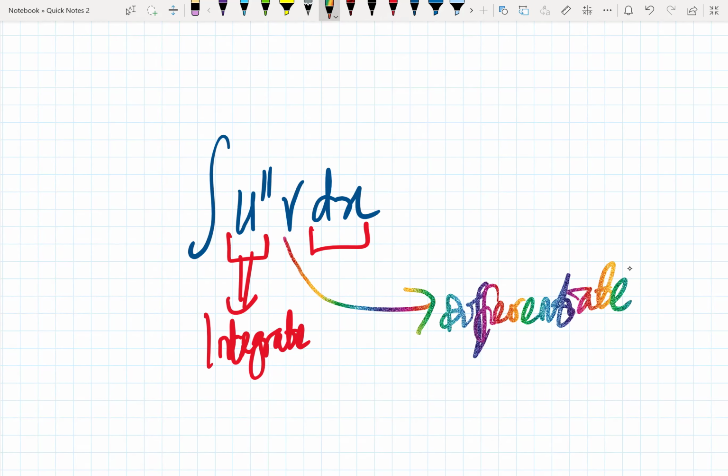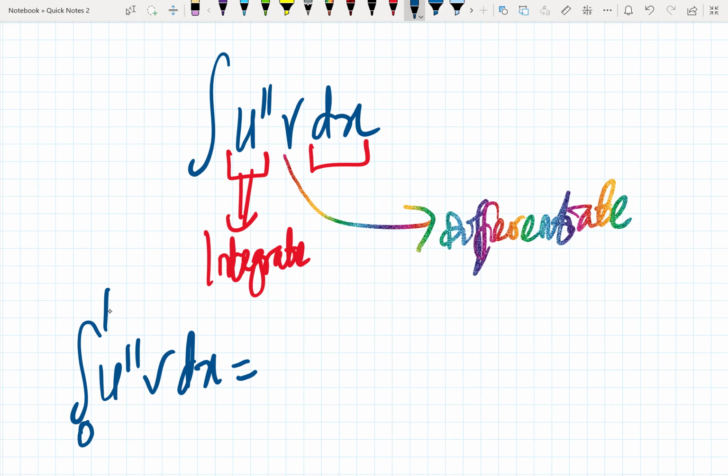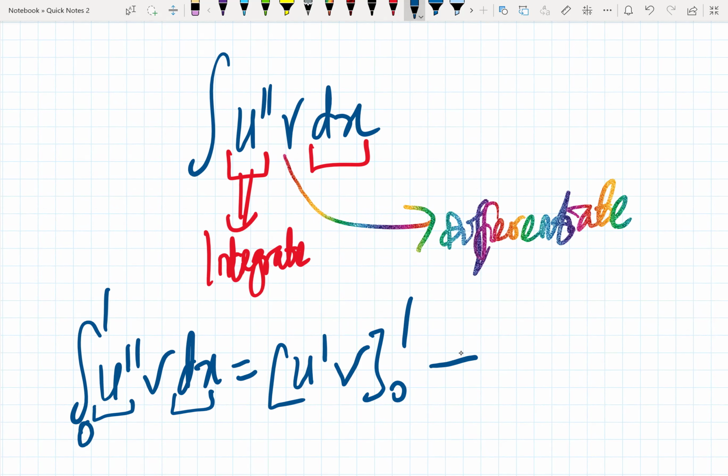Following the formula, the integral of u prime prime v dx, from 0 to 1, that's the domain. We integrate u prime prime dx, and we get u prime, and we multiply that by the v that was there already, from 0 to 1, minus the integral from 0 to 1.